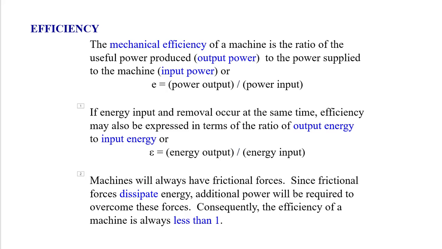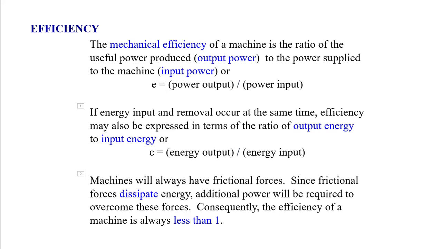Now we're in dynamics and we're in engineering, so we want to look at mechanical efficiency. That's a machine value that we're looking at, and it's a ratio of the useful power supplied, the output power, to the power supplied to the machine, or the input power. And that's going to give me that efficiency ratio. If the energy input and removal are at the same time, the efficiency may also be represented as the ratio of the output energy to the input energy.